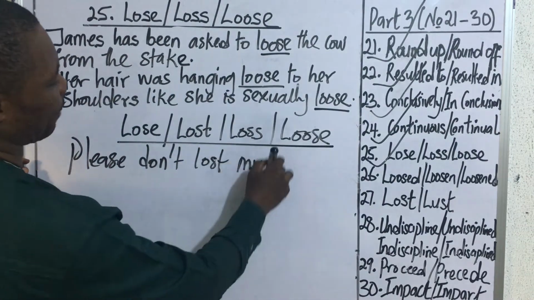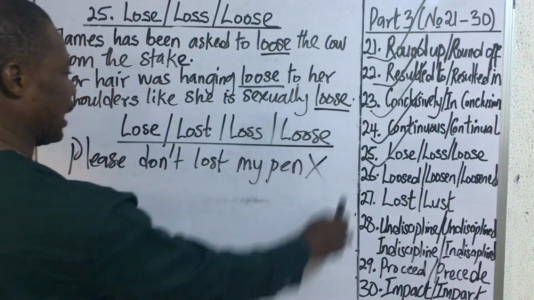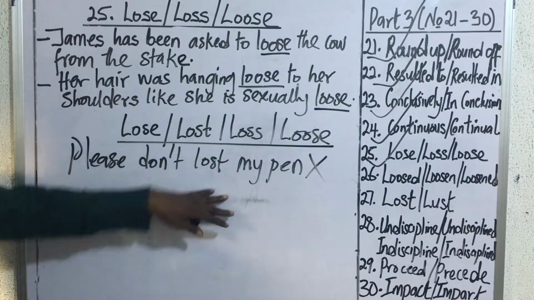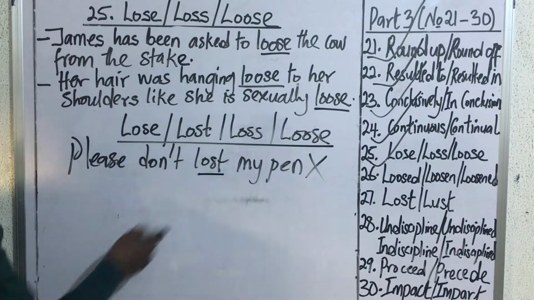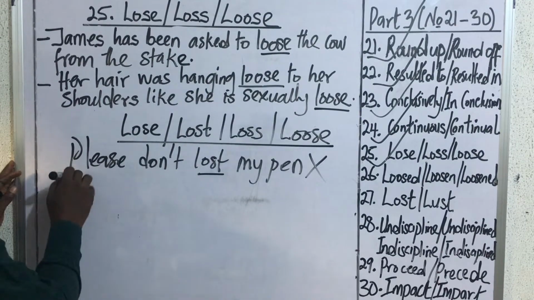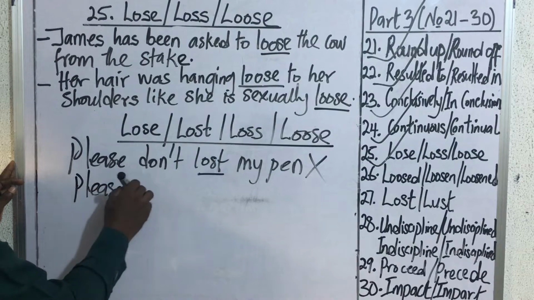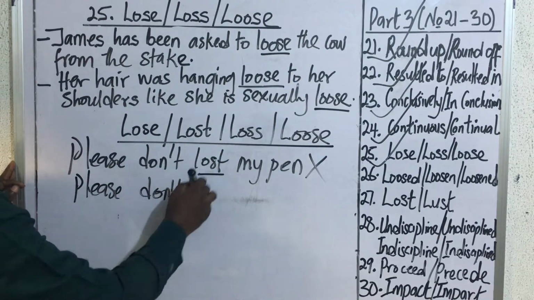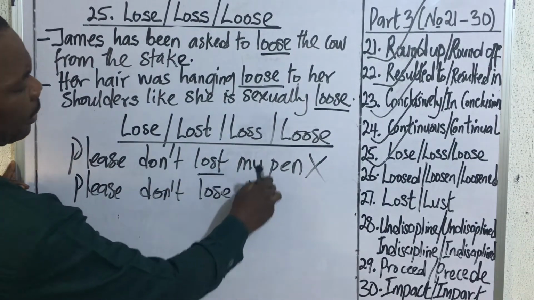Please don't lost my pen. It's an error. There's nothing like don't lost my pen in English. So what you can say is don't lose my pen. The correction is please don't lose my pen.